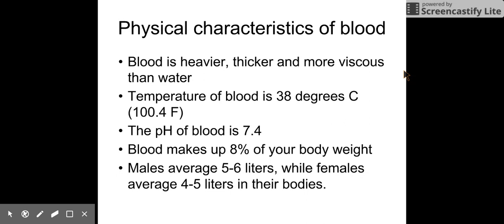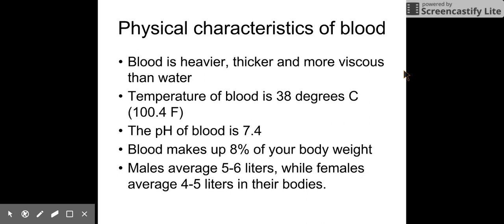The pH is just over neutral. It's slightly basic. You also have 8% of your body weight is made up of blood. And of course, the percentage is about the same no matter what your body weight is.